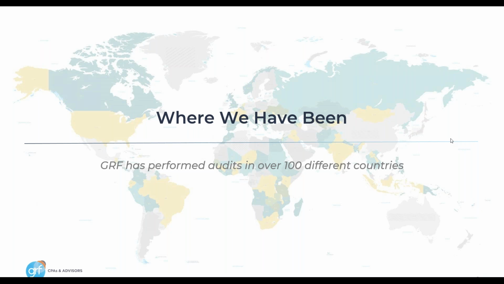And those engagements have taken us all over the world to some of the most challenging places on the planet. And with that experience, it has allowed us to develop a keen sense of the needs for our clients, both in the context of external audit as well as internal audit.